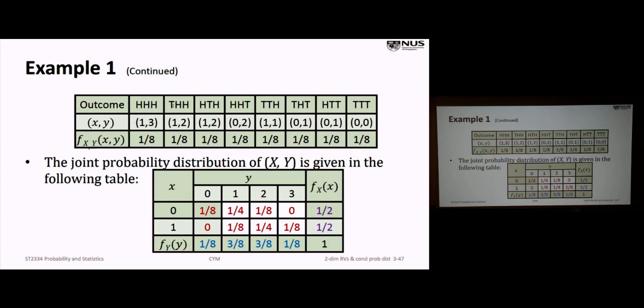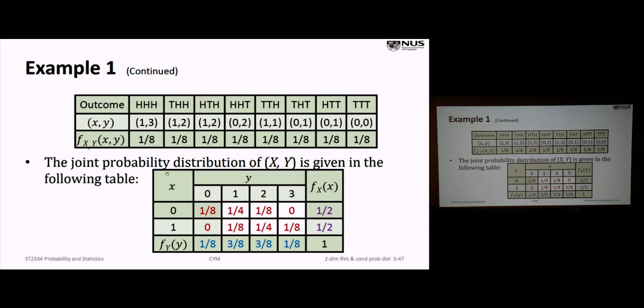Similarly for THH, you got a head on the last flip, and you had 2 heads in total. For TTT, it is 0, 0, because I got no head on my last flip and never got a head during my 3 flips. The probability of each of these outcomes is 1 over 8, because there are 3 independent events, 1 over 2 times 1 over 2 times 1 over 2. For example, here I got a head on my last flip, and my total number of heads was 1.